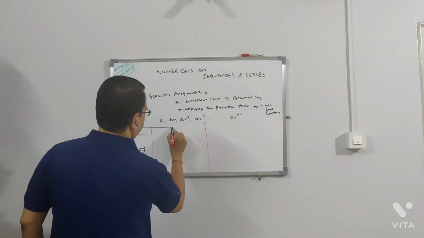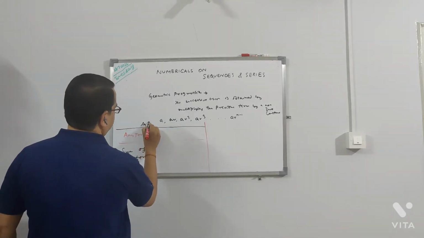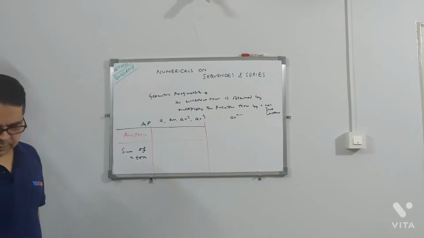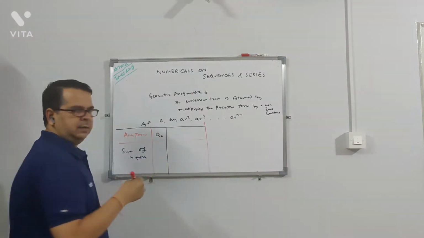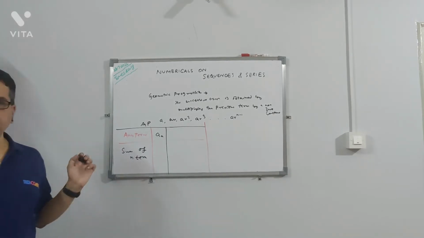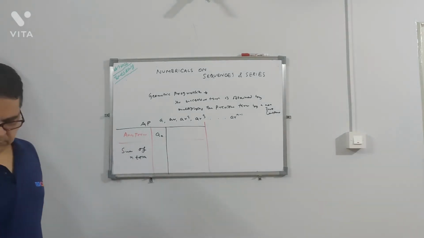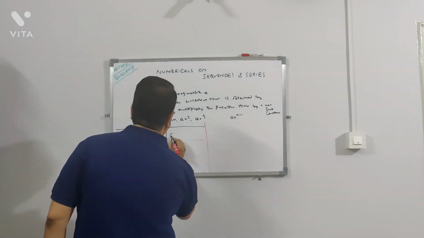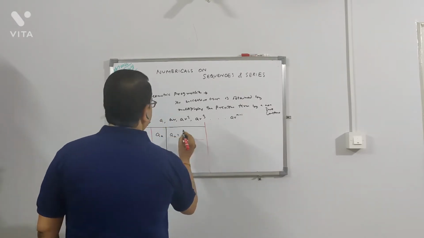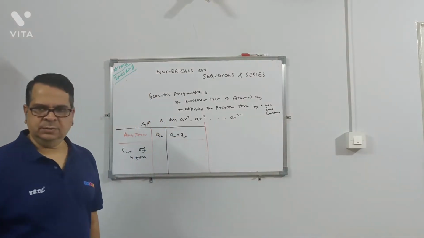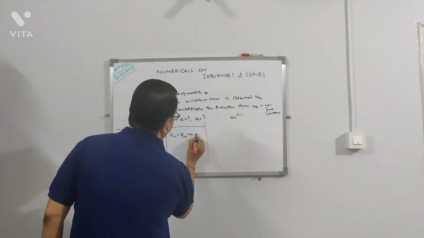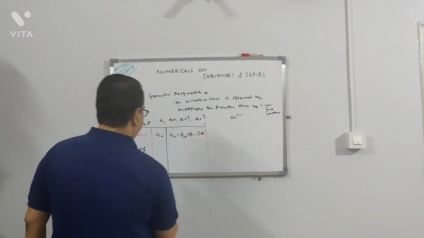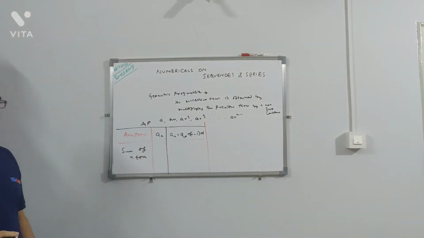This is in AP. So any term you can write as an, where any term means the nth term, n can be anything: 1, 2, 3, 4. So an is equal to a plus n minus 1 into d, where a is the first term. So this is how you can find any term.